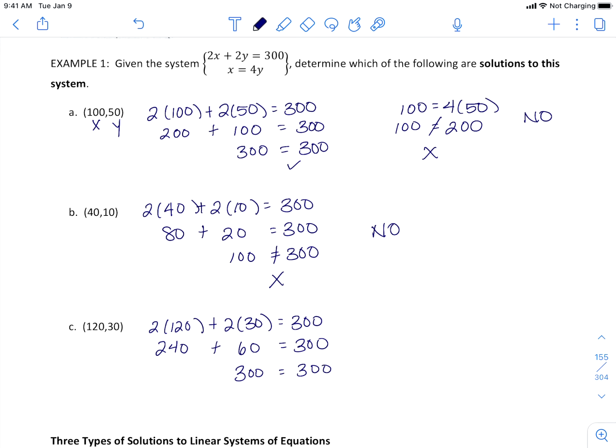So 300 equals 300, which is true. Let's plug it into the next equation. X, so 120, equals 4 times y, which is 30. 120 equals 120. So yes, this one, (120, 30), that's the only one that is a solution to the system.